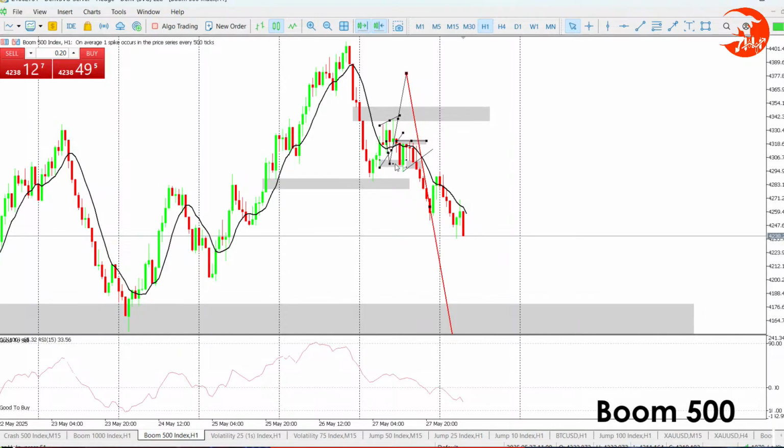Now we clearly see the trend that we are in, lower lows and lower highs. Clearly you can see it, lower low, lower high, lower low, lower high, lower low, lower high. It's now trying to push and to get oversold on H1. So which level?